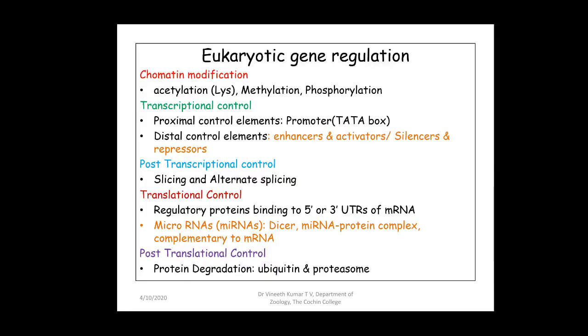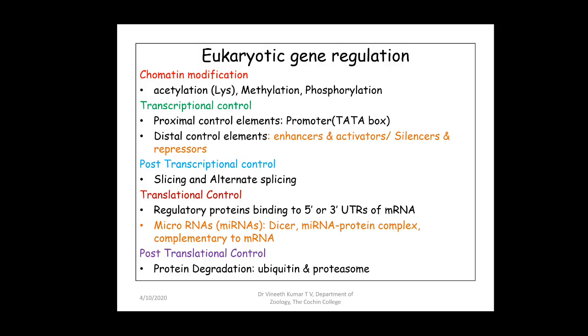So this is the next level of control. In eukaryotic gene regulation, the process from gene synthesis, from mRNA synthesis to protein production, is regulated at different steps. It is regulated at 5 different steps. Chromatin modification, which is the modification of histone.